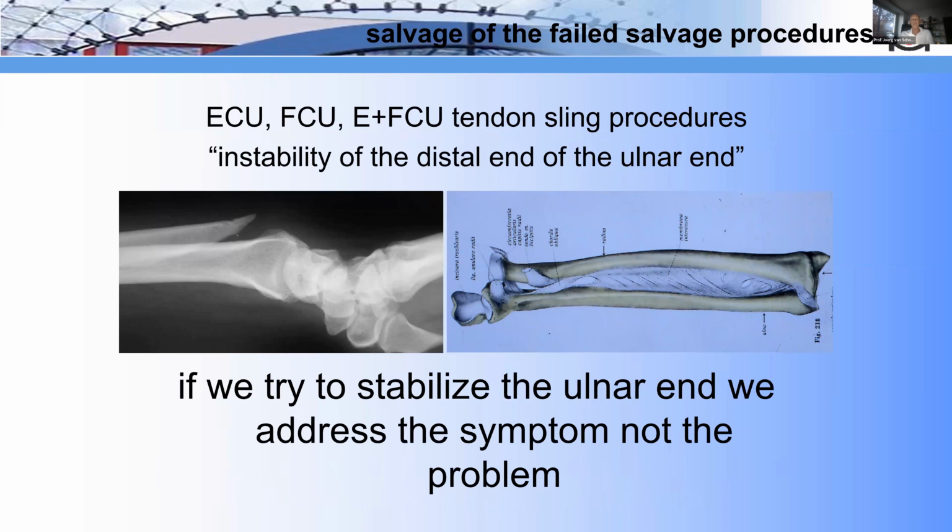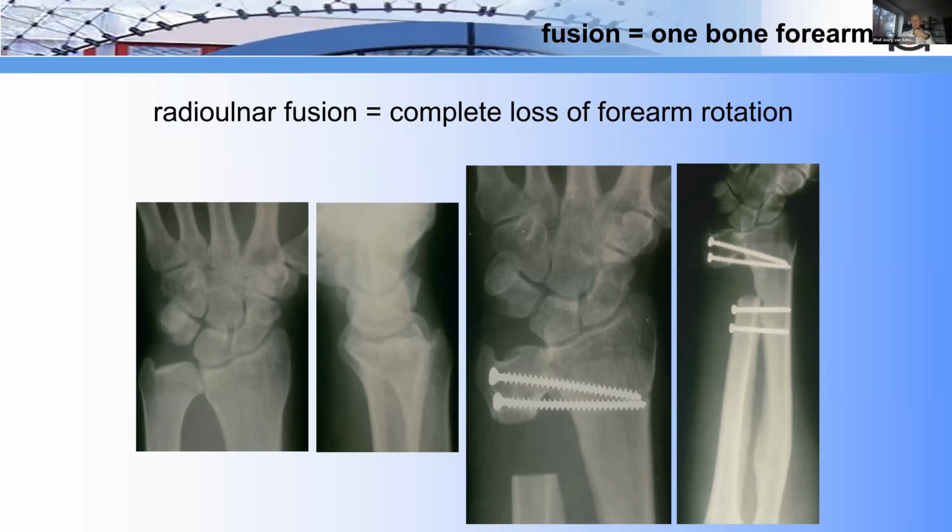The reason for this is that we try to stabilize the distal ulna, but this is not the unstable thing. It is the radius and the wrist that are unstable in projection to the ulna, where it belongs to. So if we try to stabilize the ulnar end, we address the symptom, not the problem. And therefore, these procedures cannot be successful.